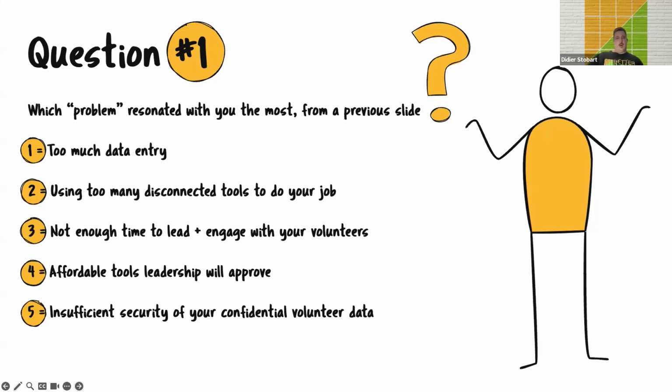We've also had number 1 and number 3 come up. So too much data entry, not enough time to lead and engage volunteers. So often, using too many disconnected tools can lead to not enough time to lead and engage, or too much data entry when you're trying to do everything all in one.